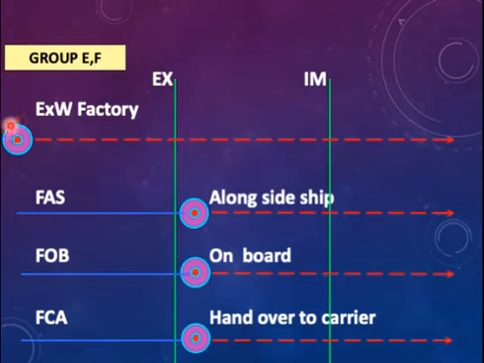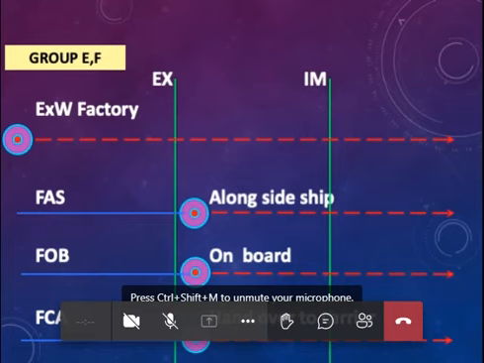First, for group E, the point of risk transfer is from the seller's premises, right? So can you tell me who will cover the pre-carriage, main carriage, and on-carriage for group E, EXW?